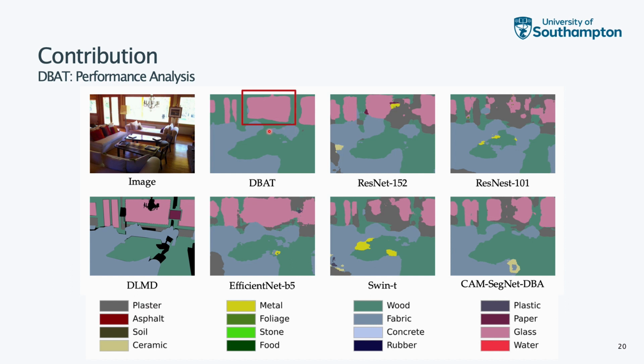For qualitative evaluation, in this image, the boundary between the wooden window frame and glass in the DBAT segmented image is more adequate than the segments predicted by other networks, such as SwinT and CAM-SegNet DBA here.